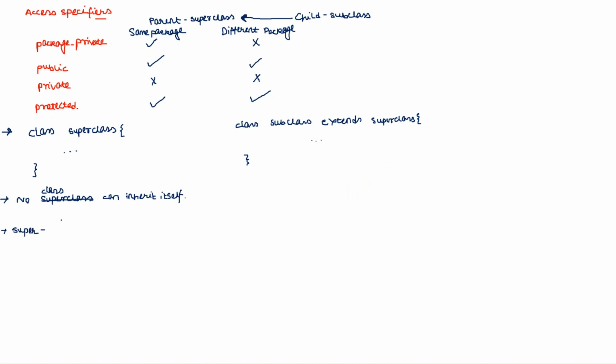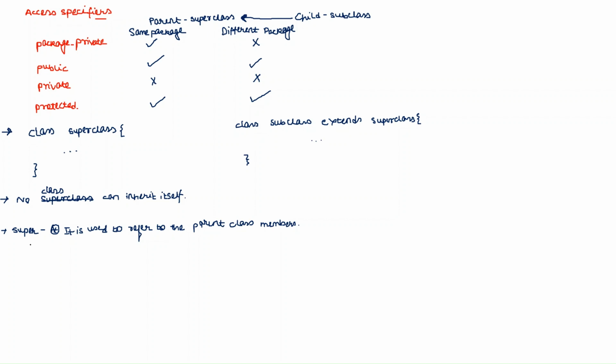So the keyword super has got two uses. The first use, it is used to refer to the parent class members. Now these members can include instance variables, instance methods, and whatever.